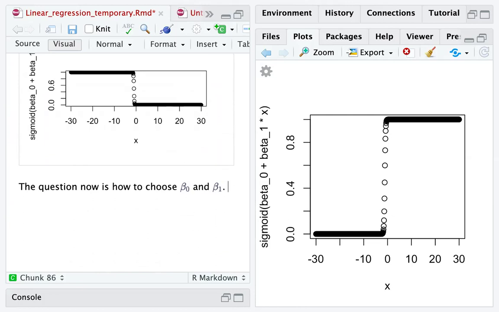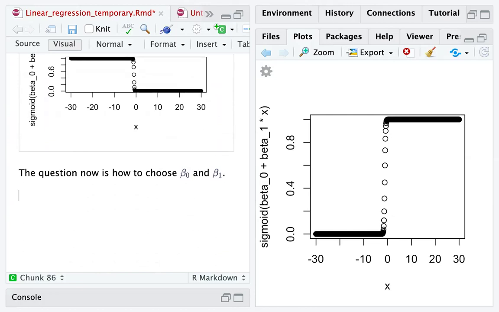But there's no time now. The way of choosing them is via the maximum likelihood estimator.